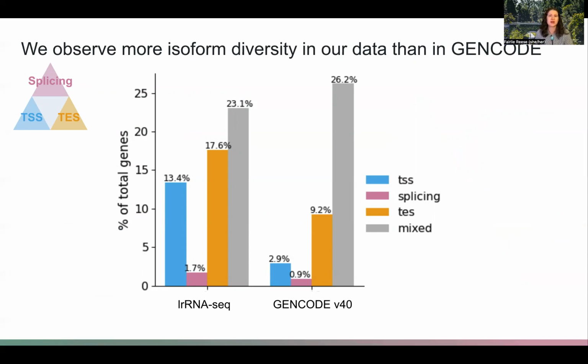We can see a lot more transcriptional diversity at the 5' and 3' ends of our transcripts. And this is in no small part a consequence of us actually paying attention to the 5' and 3' ends of the transcripts. By using our long reads to call new ends of transcripts, we are contributing to having more transcriptional diversity at the 5' and 3' end in general.